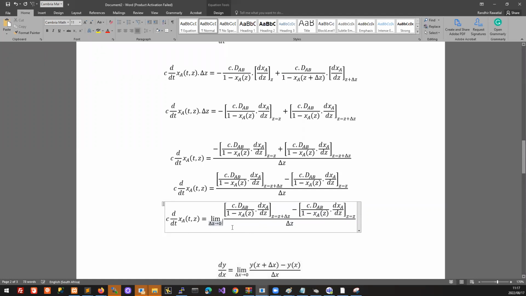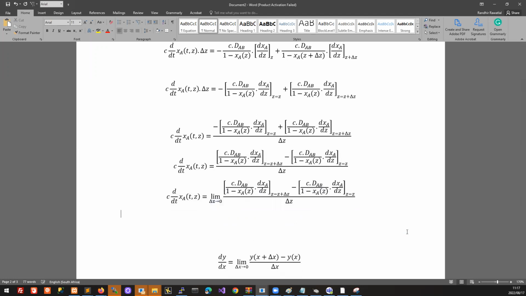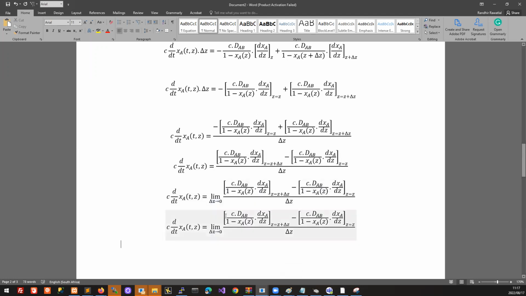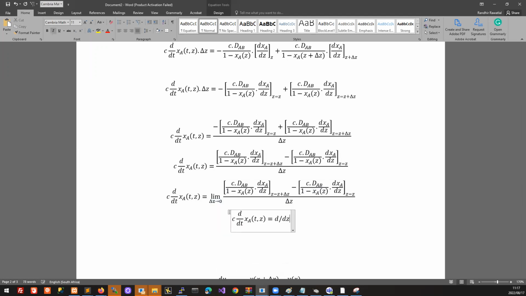So if we look at this, this is the exact same form as we have down here. And so this is nothing but the derivative d/dz of this function. d/dz of that.